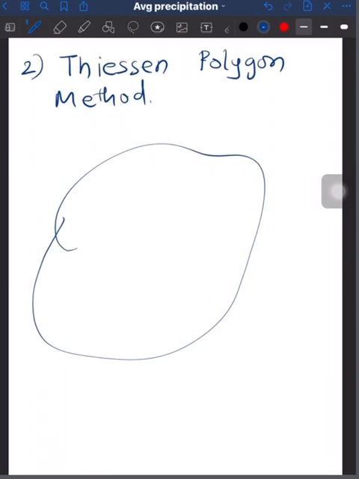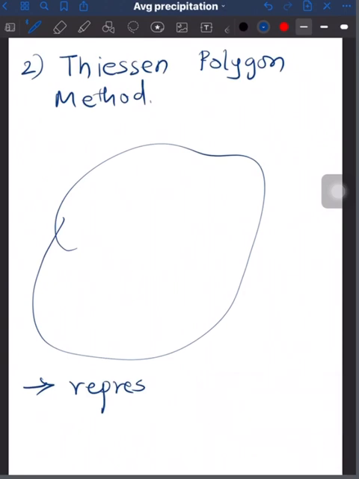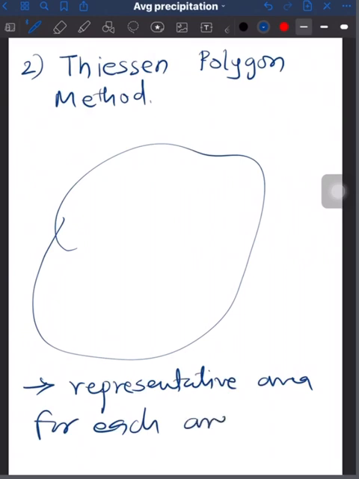Basically the main motive of this method is that we give a representative area for each rain gauge. So how do we do it?